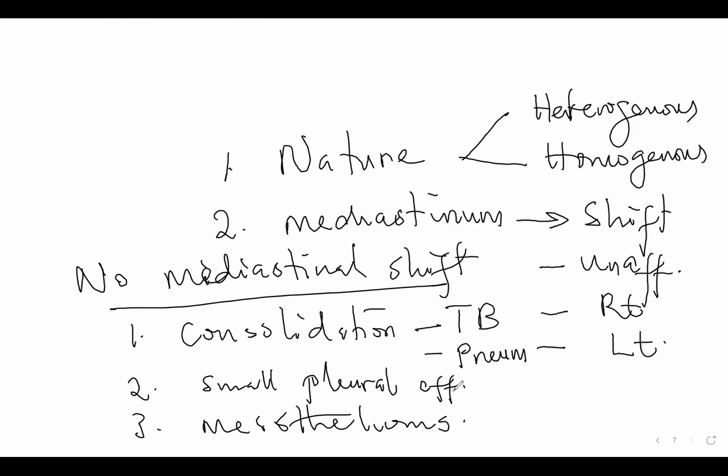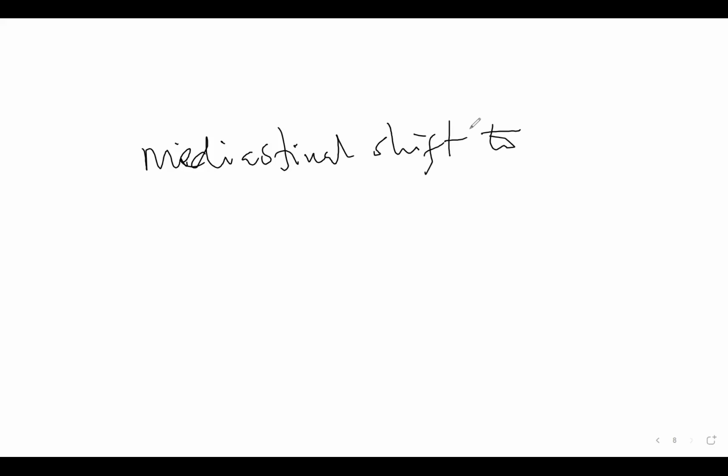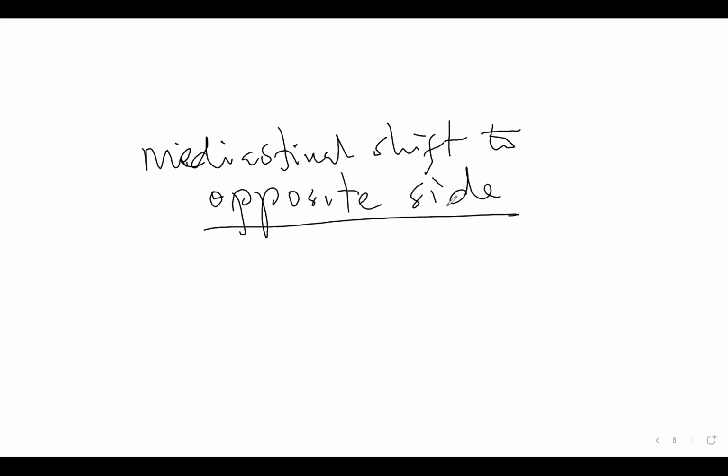Now, you can also have conditions where there is mediastinal shift to the opposite side. That means if you have a pathology on the right side and the mediastinum shifts to the left side, okay? So you have pleural effusion.